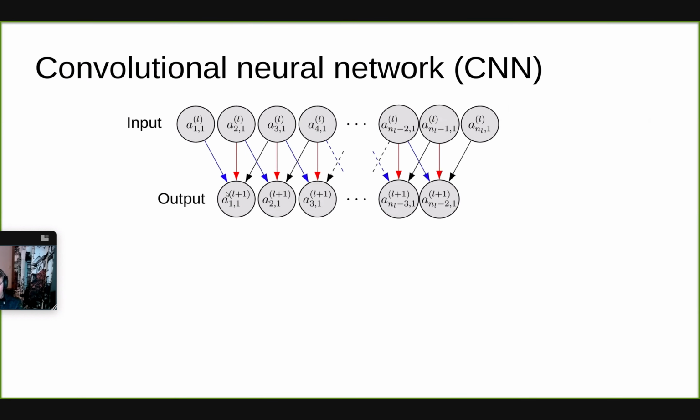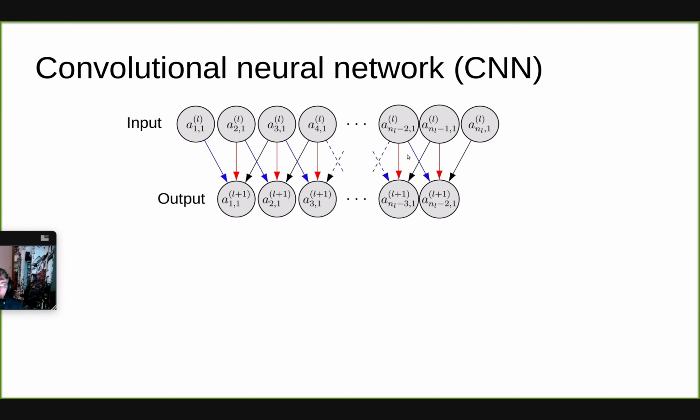Then going into convolutional neural networks, these are the type of neural networks that are often used in computer vision or any task that has some kind of image or any data that has some kind of spatial structure where we can actually order the data.